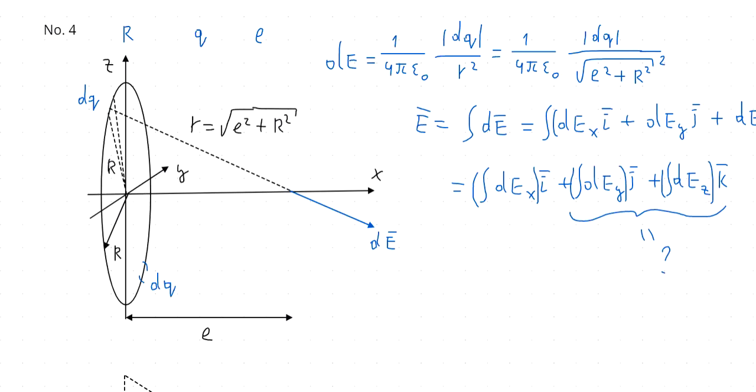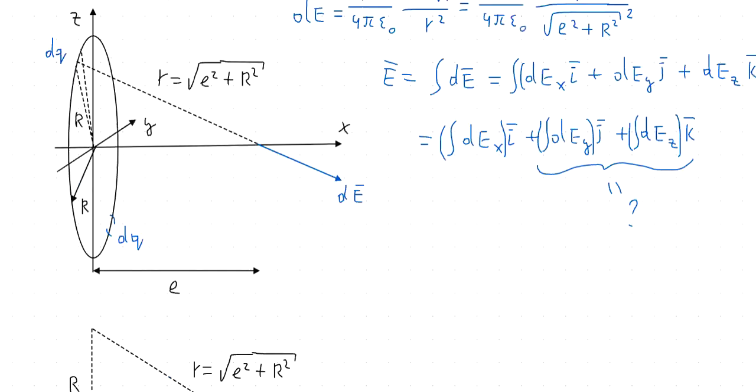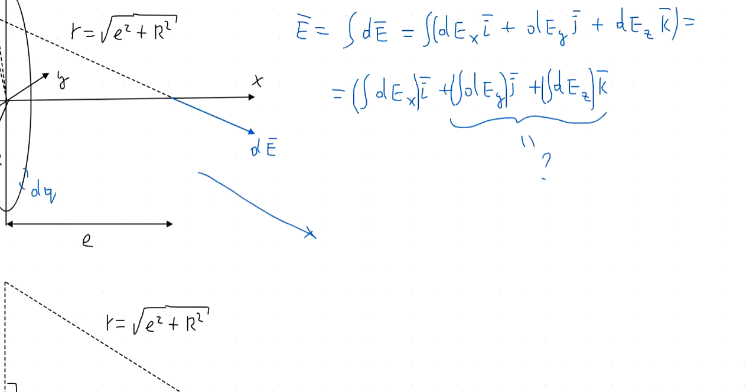And what does it mean? If I rewrite this separately, I have dq and dq, and here I have horizontal axis x between them.